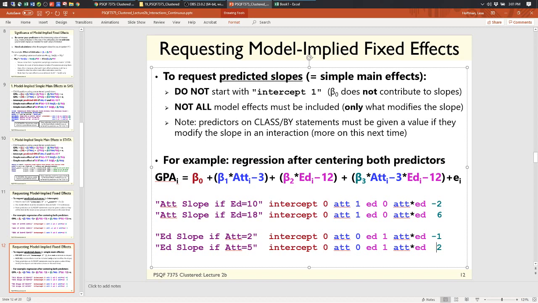According to the interaction term, how does education change the attitude slope? The opposite happens for the interaction terms in the second 2 set of lines. In this case, we've given education the 1. So the second part is 1, and we're filling in what we want attitudes to be instead.